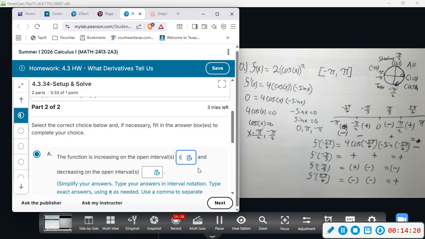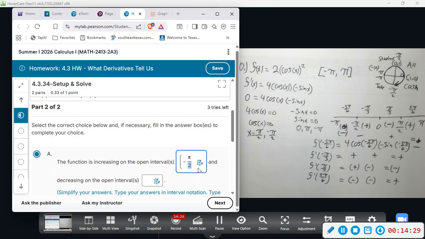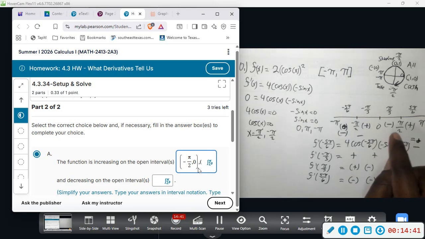So we're going to say negative pi divided by 2 to 0. And then the next one was pi divided by 2 to pi.